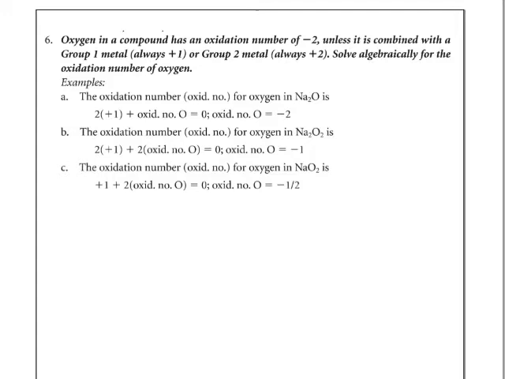The only cases where it wouldn't be is if it's in a compound with group 1, like this one. And here you would actually use the rule for sodium always being +1. So if sodium is +1, that means each oxygen has to be -1. And then this is a little bit of an unusual example, but it is possible here for oxygen in some cases to be -1/2.